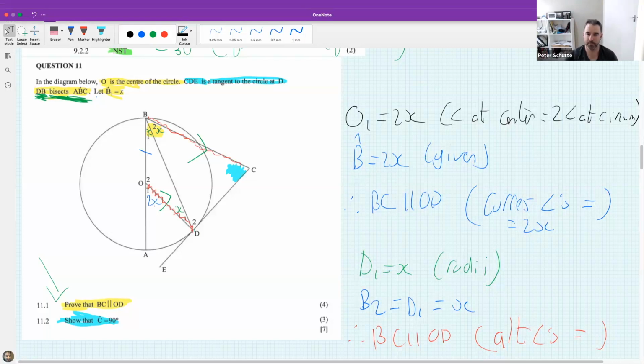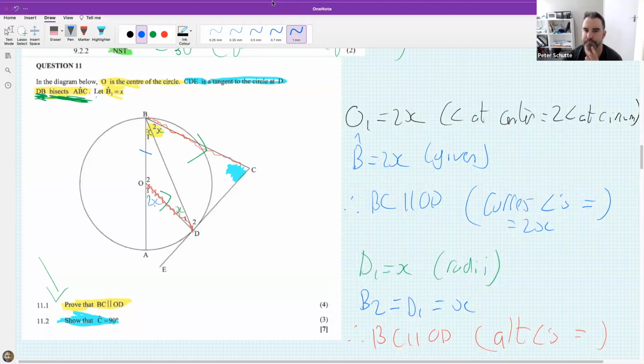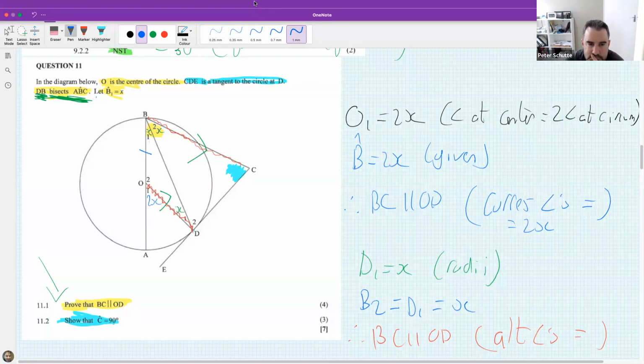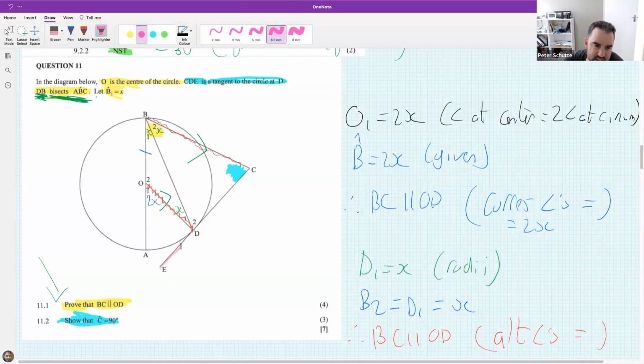What's the big piece of information we haven't used yet? Monomashile has said the tangent could be important. Absolutely. Orakanisa agrees. So what do we know about the tangent and the radius?